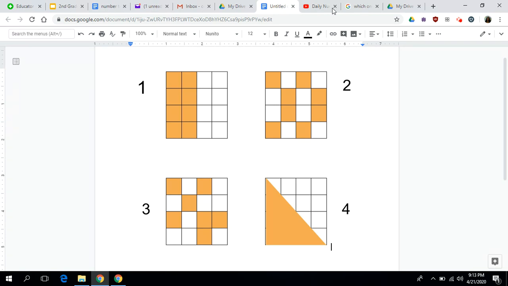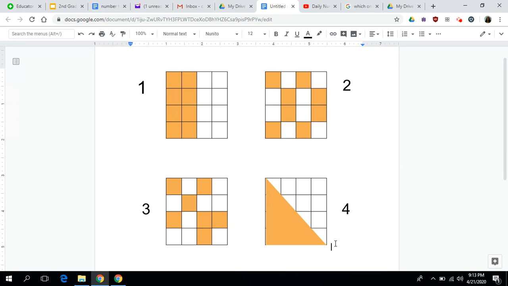All right. So think about which one you thought did not belong, first of all, okay? And when I was looking at it, I thought number 4 didn't belong right away.